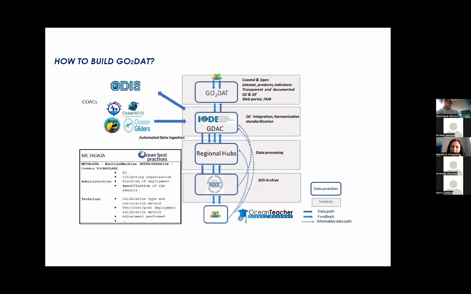And in consultation with these GDACs and with the NODCs, we would like to propose a consistent and uniform metadata structure and also a quality check and quality flagging procedure. We would like to agree towards an alignment to map the procedure across the different GDACs and different data centers. That's really the point, in order to avoid differences in the data treatment.